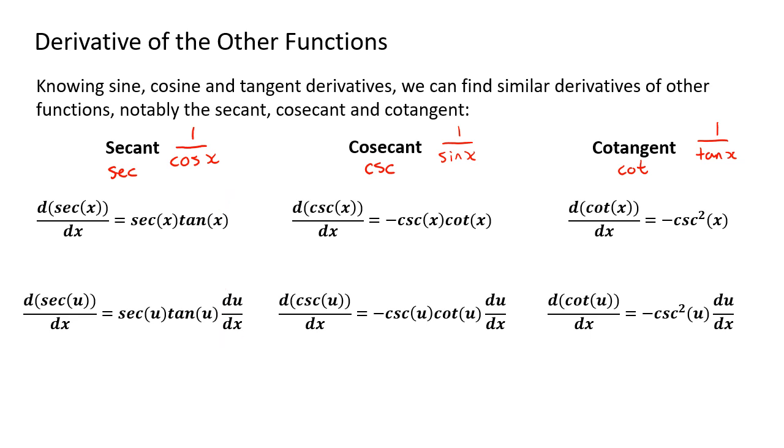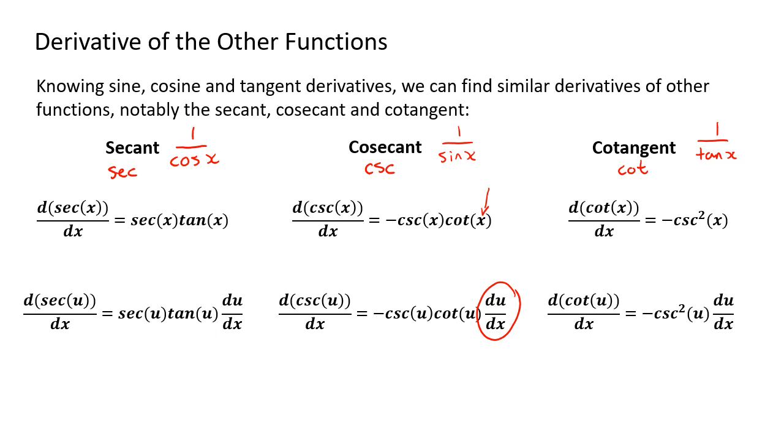The same applies for cosecant and cotangent. So the derivative of cosecant is equal to negative cosecant of x times the cotangent of x. Again, these are just starting to get more and more complicated with more terms being added in. And again, if the function in here is not simply x, you must, using the chain rule, add the du by dx term on at the end.